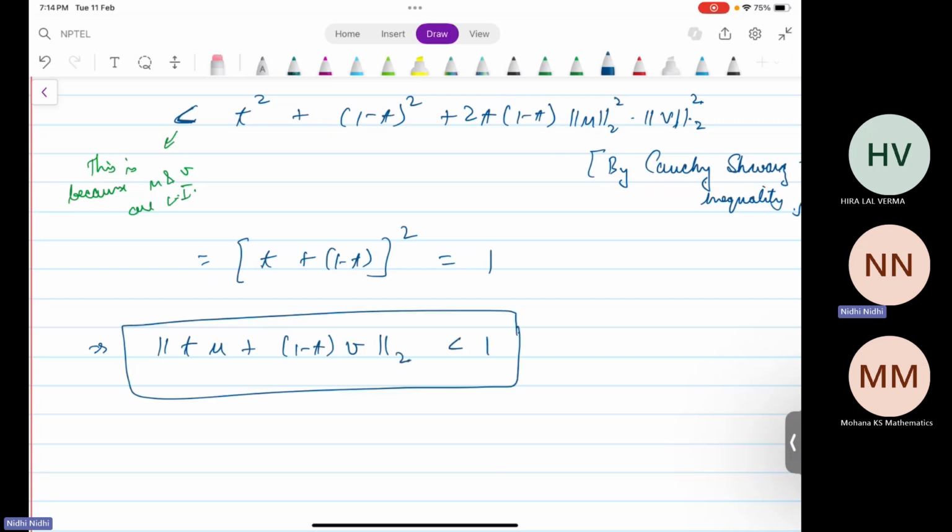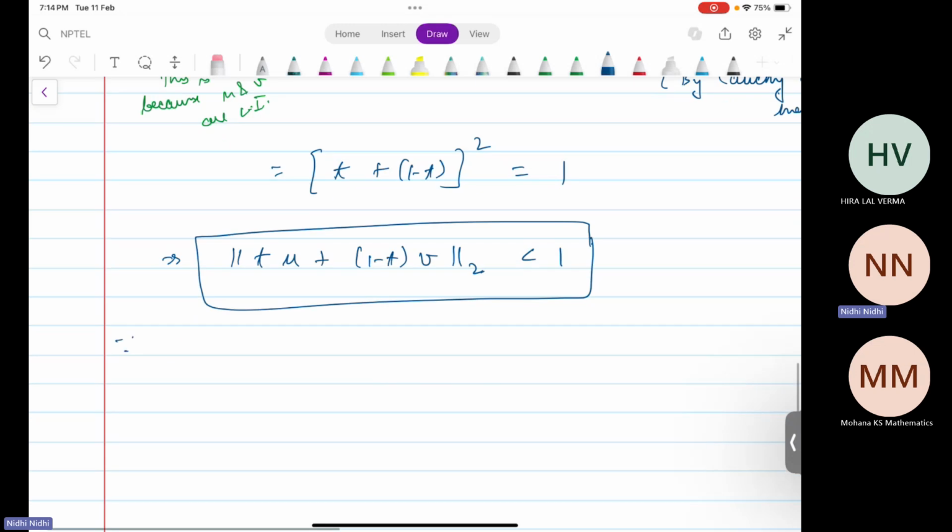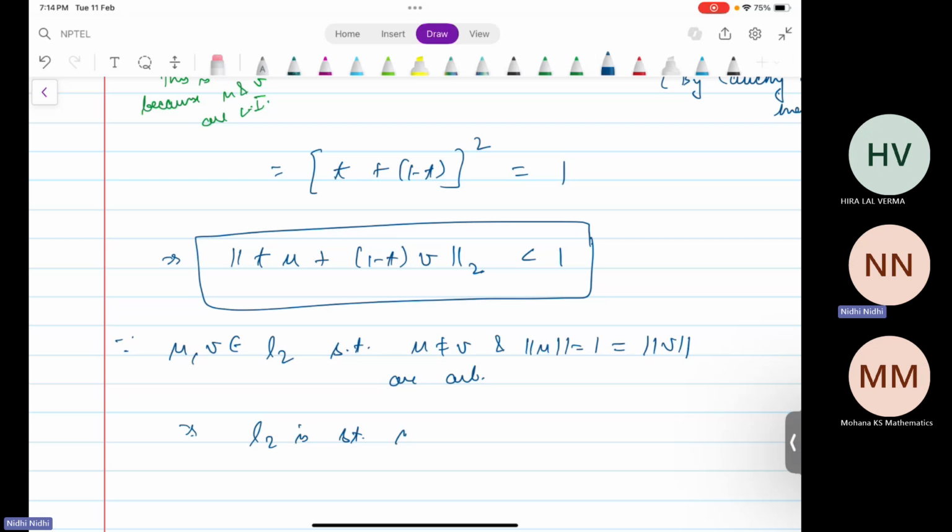That is what we wanted. Since u, v belonging to L2 such that u is not equal to v and norm u equals norm v equals 1 are arbitrary, we get L2 is strictly convex. So is this proof fine with everyone?